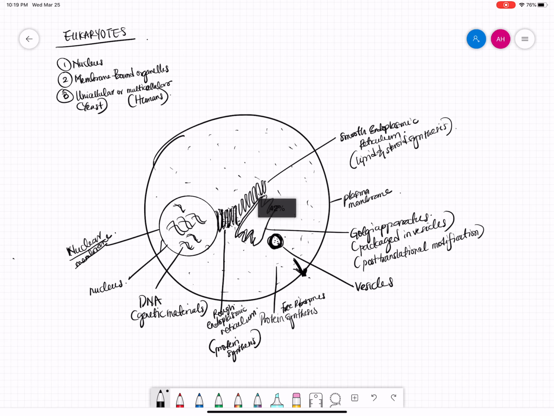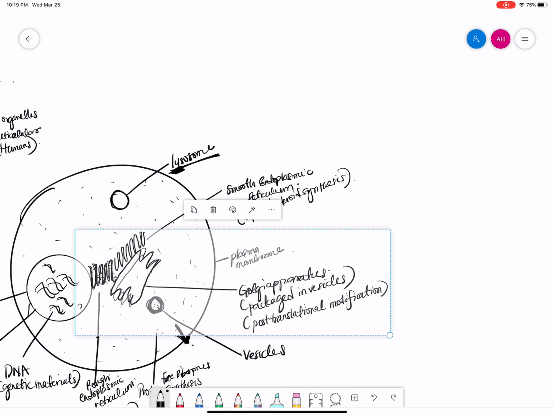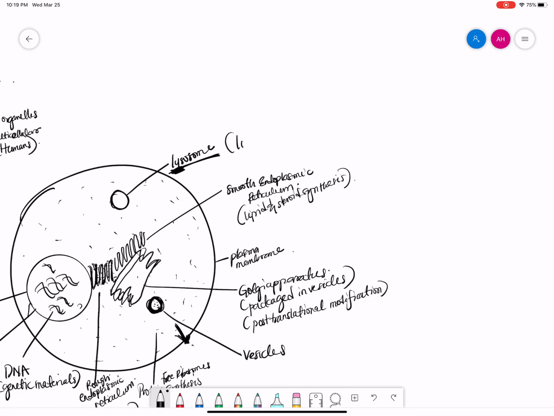Okay? We also have an organelle called the lysosome. If you see the word lysosome, you see here the word lyse. To lyse means to break down, to break open.